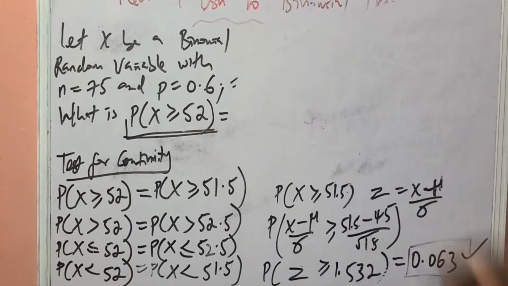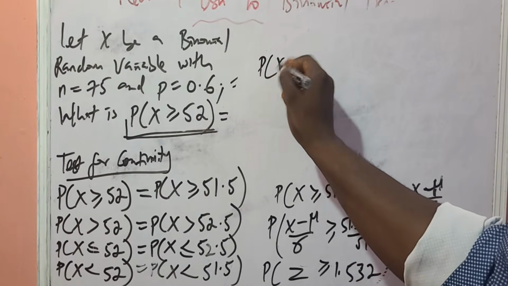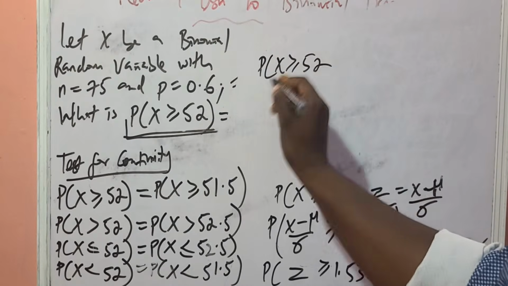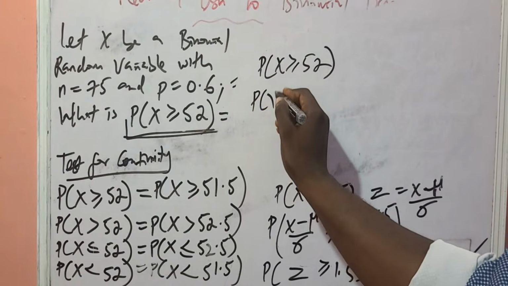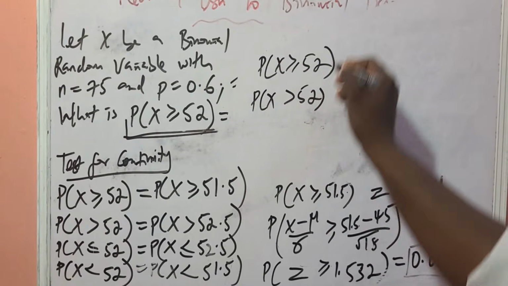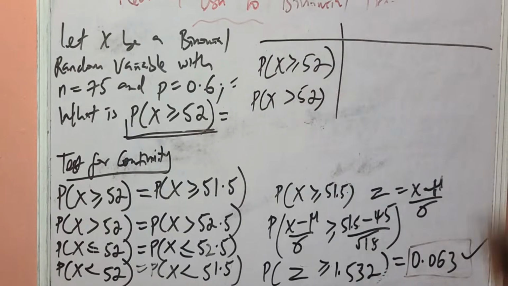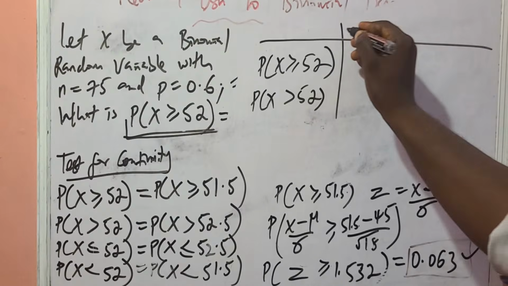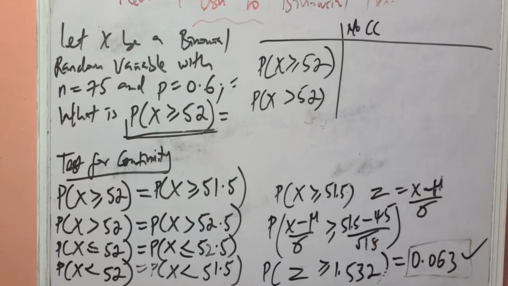So we look at two different questions: probability of x greater than or equals to 52 and probability of x greater than 52. If you don't use correction for continuity, that means no correction for continuity.